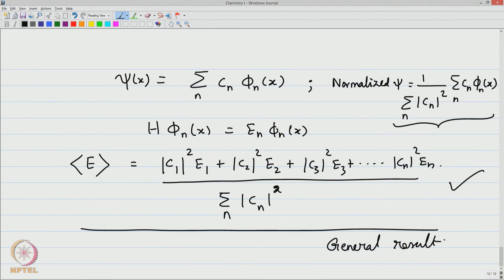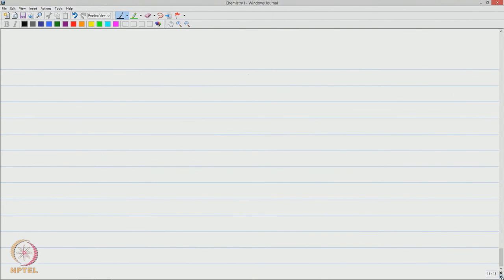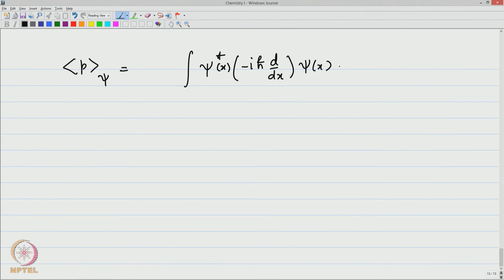Okay. In a similar way, if you have to calculate the average momentum P, now you can see that P in the state of psi is given by the integral of psi star times the operator for P, which is minus i h bar d by dx, acting on psi, all are functions of x, dx.